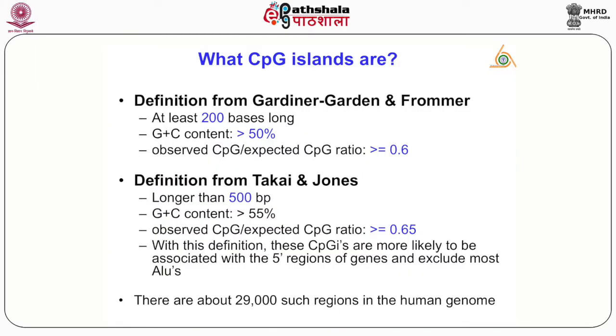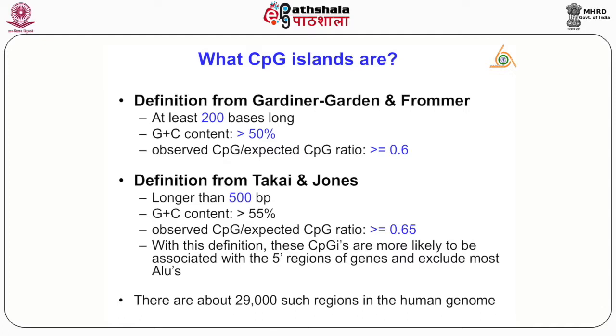CpG islands are classified according to the Gardiner-Garden and Frommer definition and the Takai and Jones definition. According to the Gardiner-Garden and Frommer definition, the CpG island should be at least 200 base pairs long and GC content more than 50%.